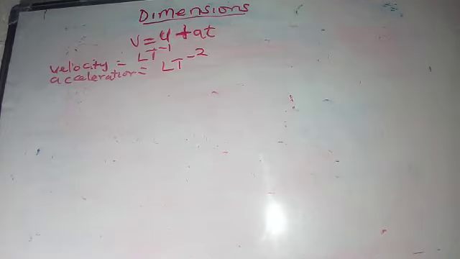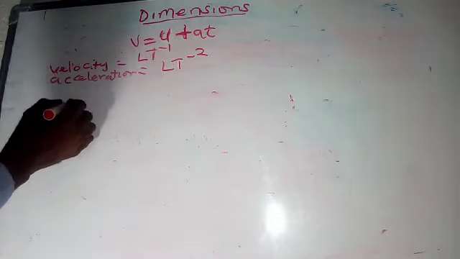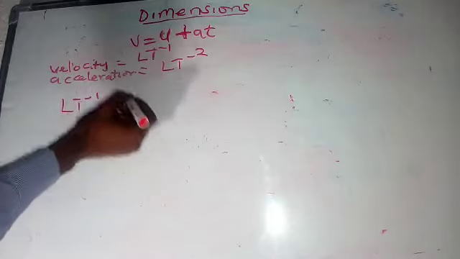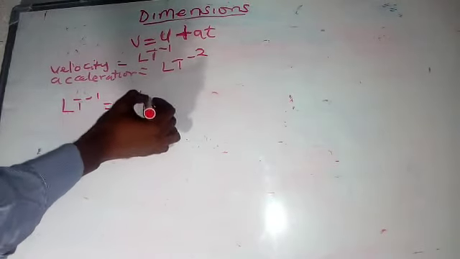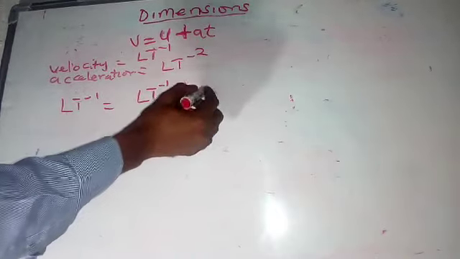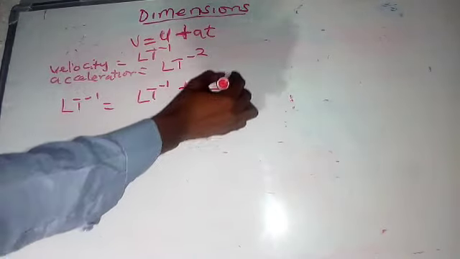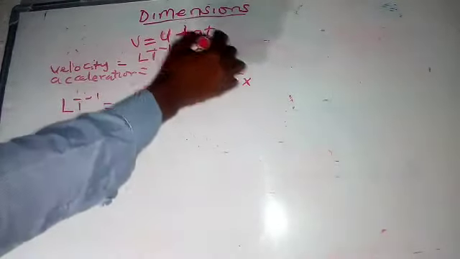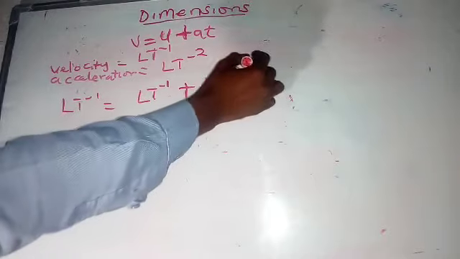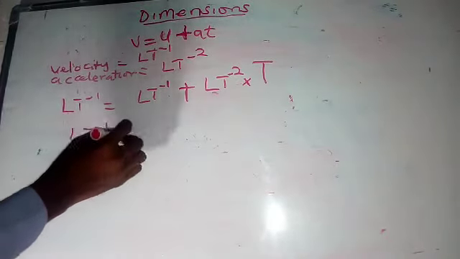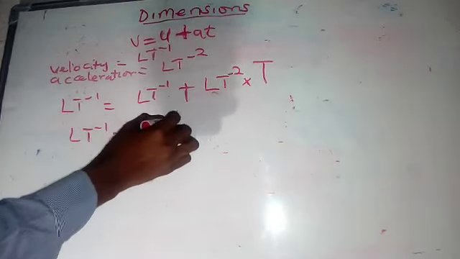They shouldn't be dissimilar. So our velocity for the left hand side will be LT^-1 equals U, which is initial velocity, so it still takes our dimension for velocity, LT^-1, plus A, which is acceleration, takes LT^-2. Now A is multiplied by T, and our T, time, is what? Capital T.